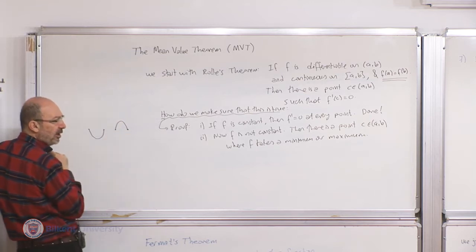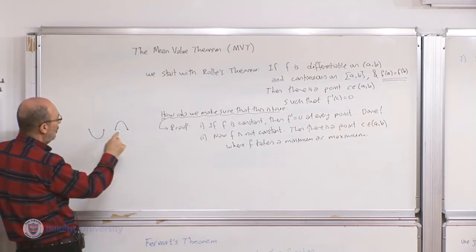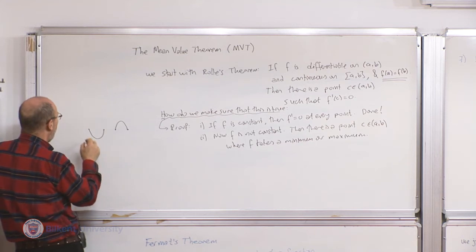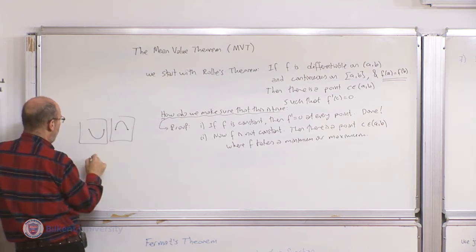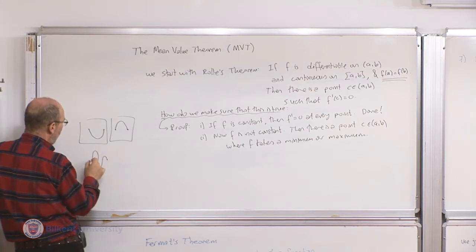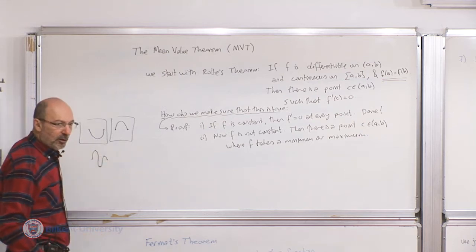Since the minimum is at the endpoints, it's not guaranteed that the derivative will be 0 there, but here it is 0. Or a typical case does something like this: the endpoints are the same, but there are lots of points where the derivative is 0, local minimums, local maximums.